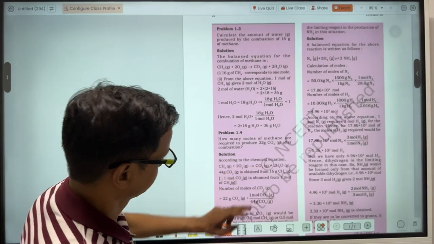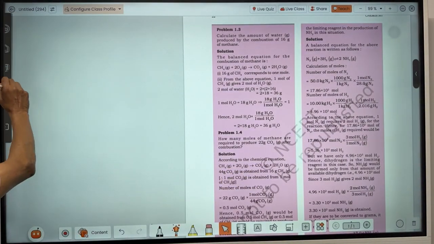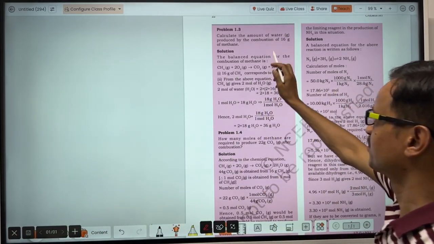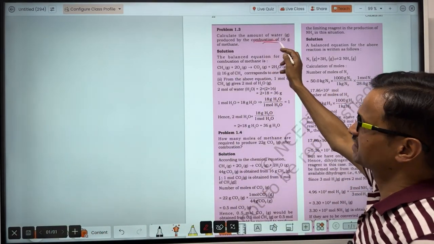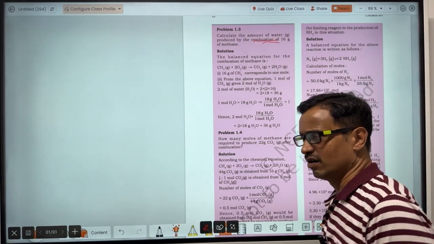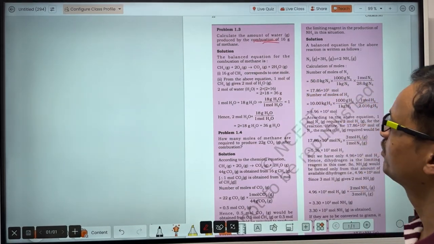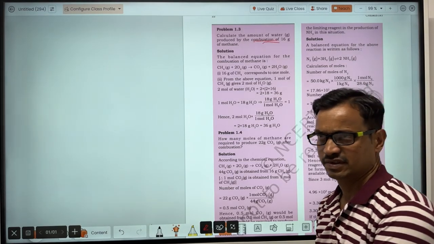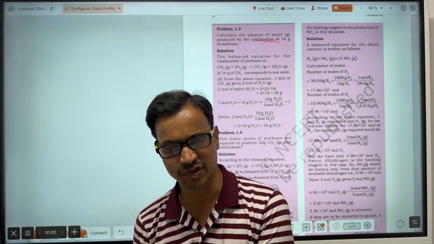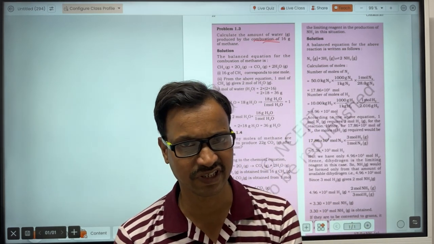So let's see here, methane is here. There will be combustion of methane, and as a result, water will form, and it's asking how much water will form. The amount of methane has been provided.